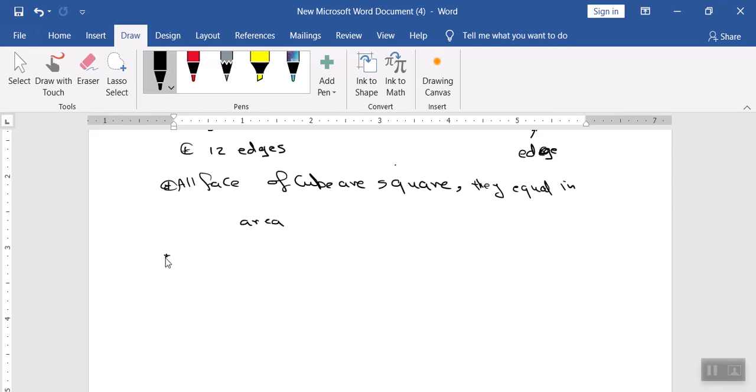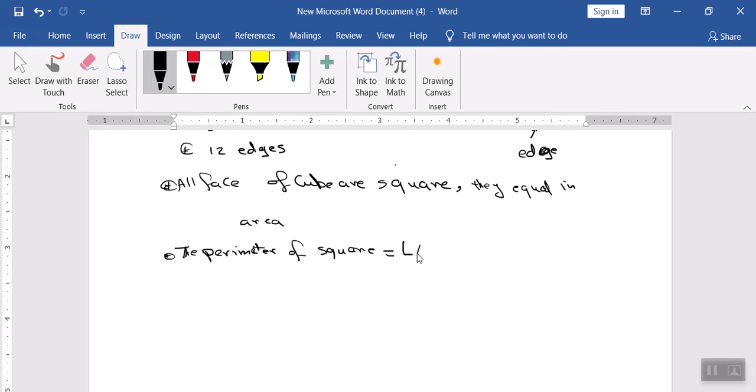First, we will study some properties of a square, because all faces of cube, as we said before, are squares. So the perimeter of a square equals side length times 4.